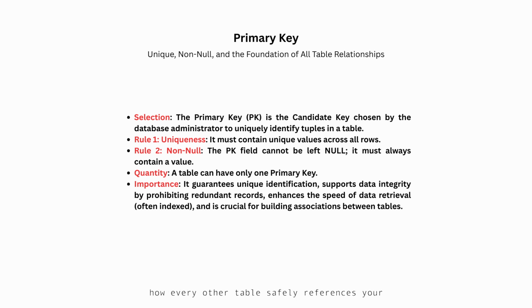It's how every other table safely references your data. The moment you define it, your DBMS automatically builds an index for lightning fast lookups. Break its rule, insert a duplicate or a null, and the system rejects it immediately. This is why every solid schema must start with a well chosen primary key.